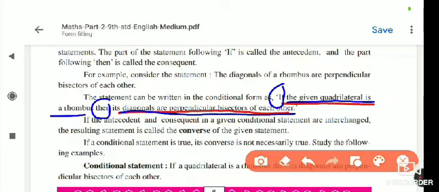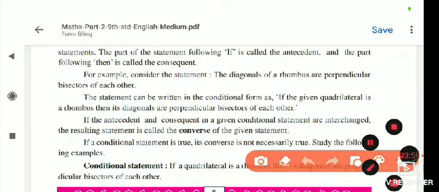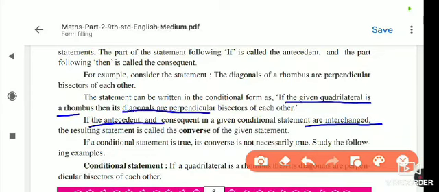the converse of the statement. So first of all, if the antecedent and consequent of the given statement are interchanged, we change the places, meaning what comes after then we take before then, then the resulting statement is called the converse of it.